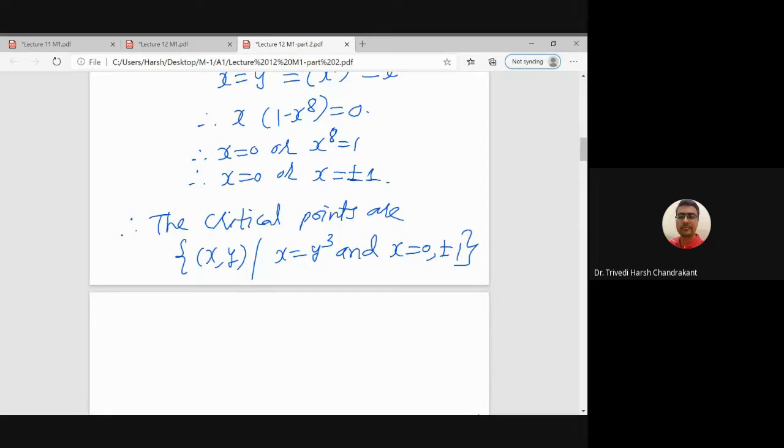And the value of x is either 0, 1 or minus 1. That means the critical points (x, y) are (0, 0), (1, 1), and (minus 1, minus 1).